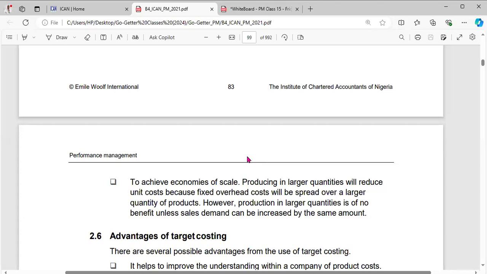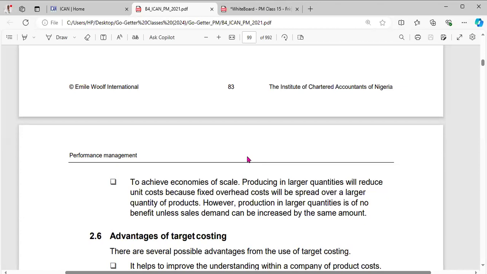So what we mean here is that, let's say you have a factory rent of 1 million naira, and that's your fixed cost. If you produce, let's say, 500,000 quantities of goods, and you divide your fixed cost of rent by the number of products, it means you are paying 2 naira of your fixed cost of rent per product.